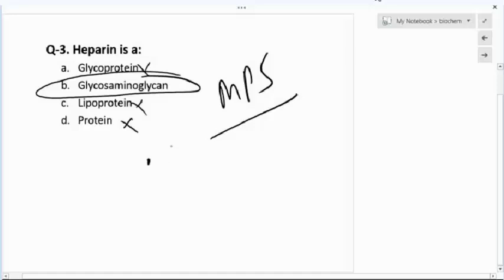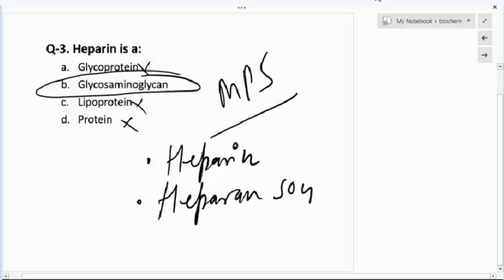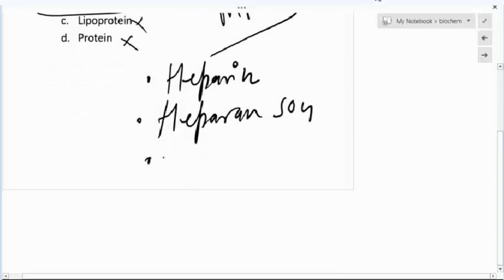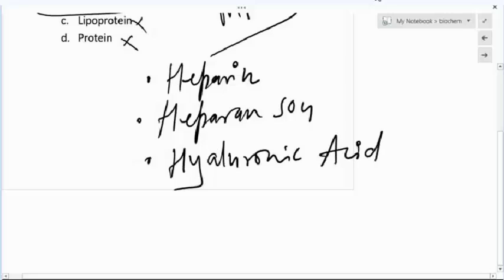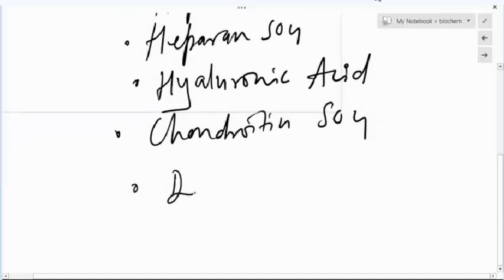One is heparin, another is heparan sulfate, then you have hyaluronic acid, then you have chondroitin sulfate and dermatan sulfate. And these are examples of mucopolysaccharides or glycosaminoglycan.